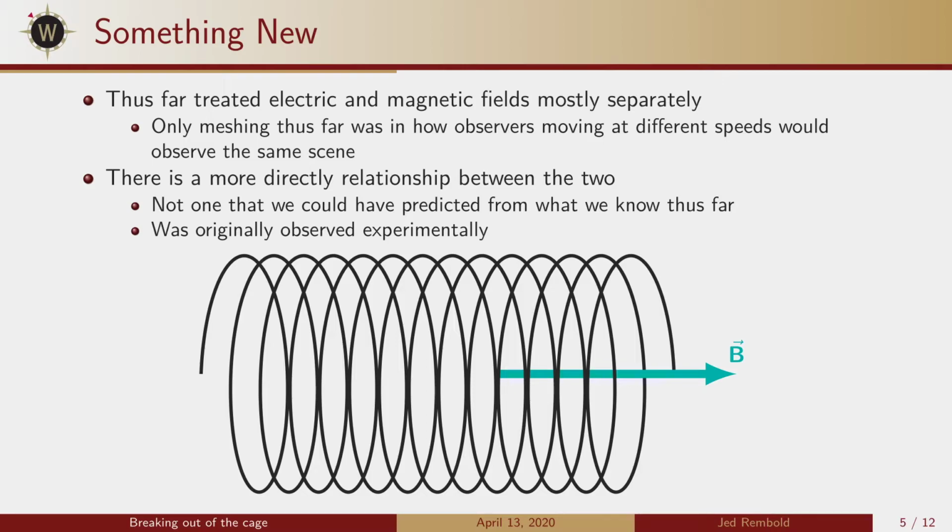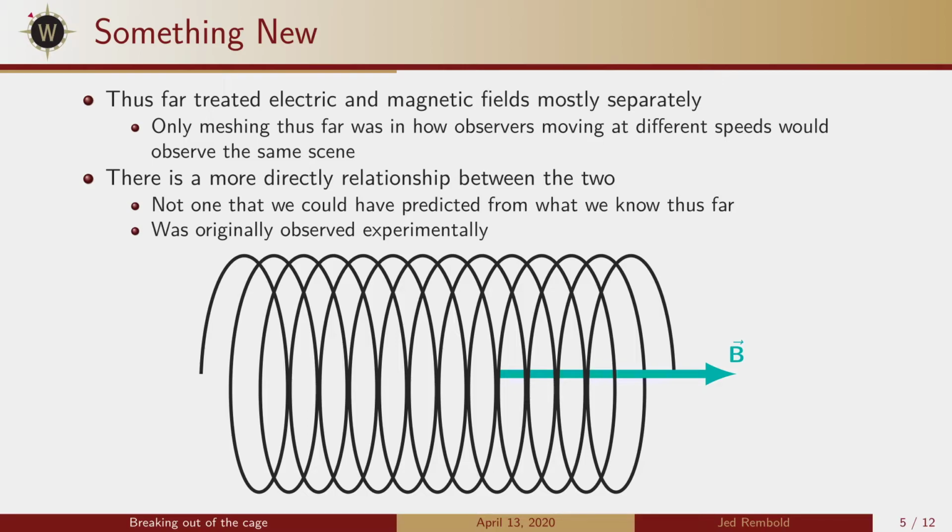And then he turns the current off. Boom, he gets another little blip of current in his other device. Interestingly enough, in the other direction this time. And he found it didn't really matter how he oriented the solenoids. Whenever he flicked on the switch or flicked off the switch, he'd get this little blip in current. The rest of the time, he got nothing.